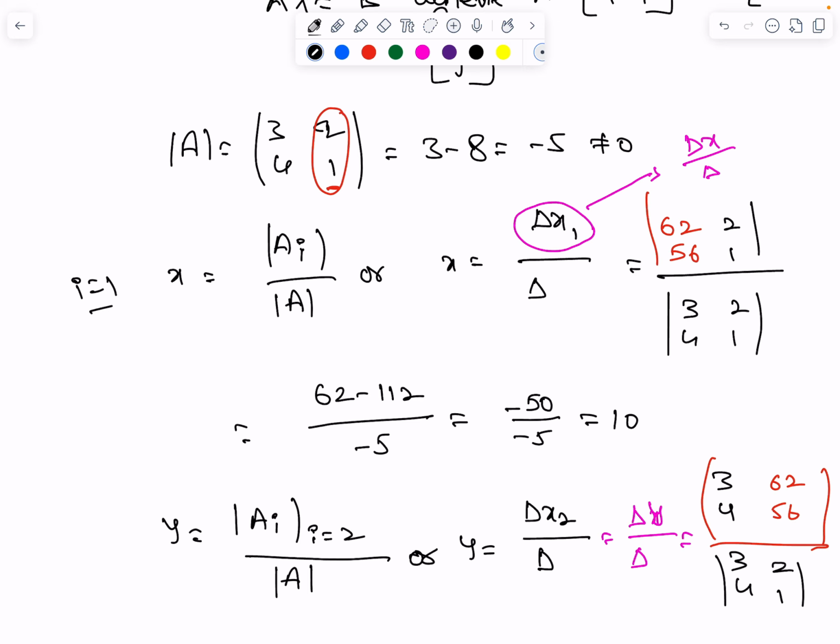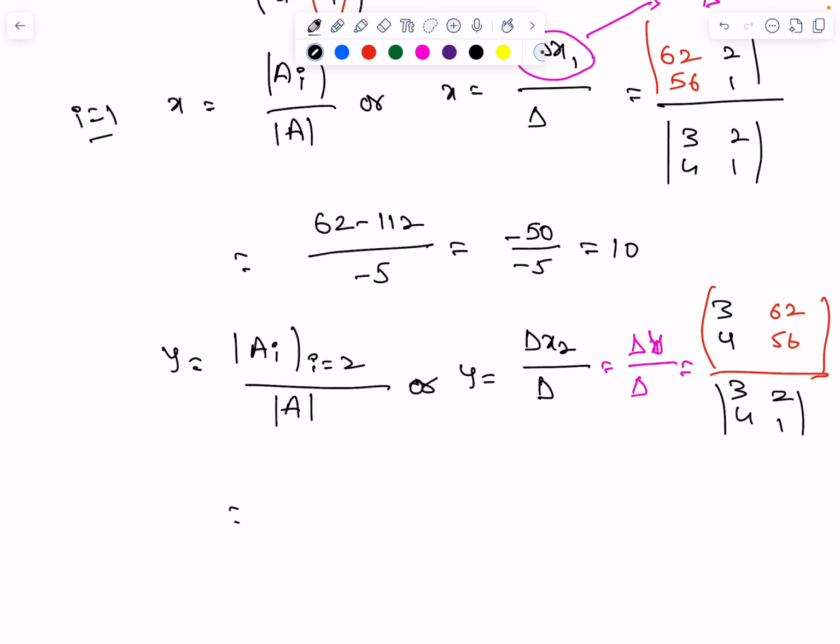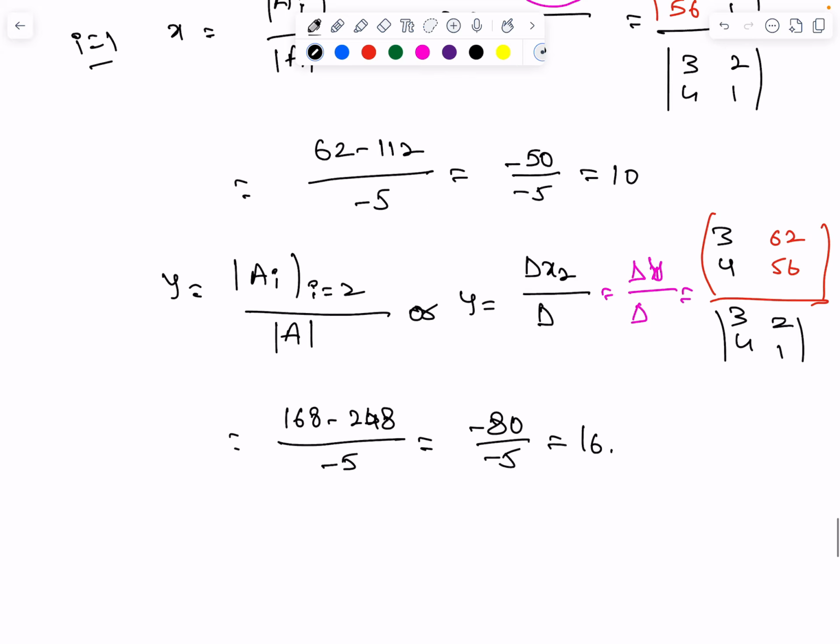So this is equal to 16. Therefore x is equal to 10, y is equal to 16.